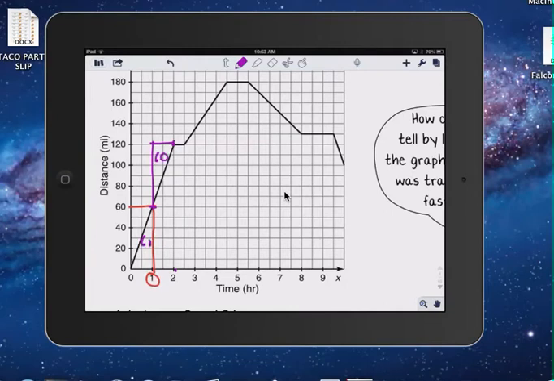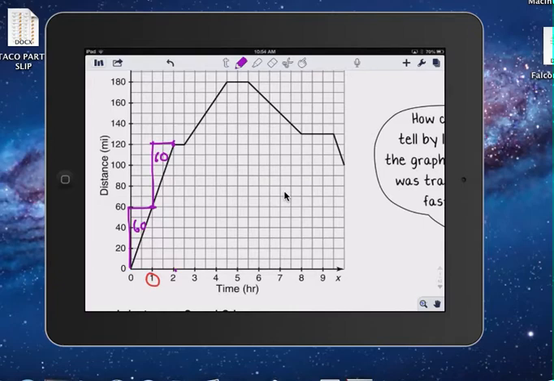So the rate of change, we call this the rate of change, is the same. The first hour, they went up 60, and then the second hour, it also went up 60. This is called the rate of change, or what we in math call slope. The slopes are the same. It's 60 over 2.